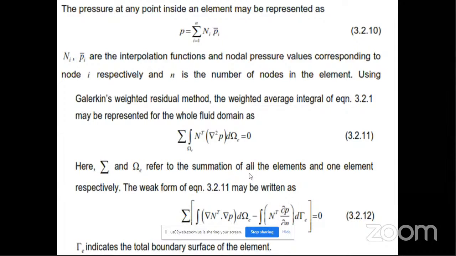So what we do in finite element method is, the total structure we make into small parts, units. It is just like a wall made up of bricks. Similarly, the total structure is discretized into small units called elements.